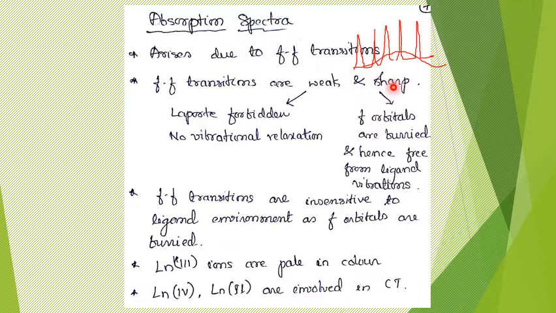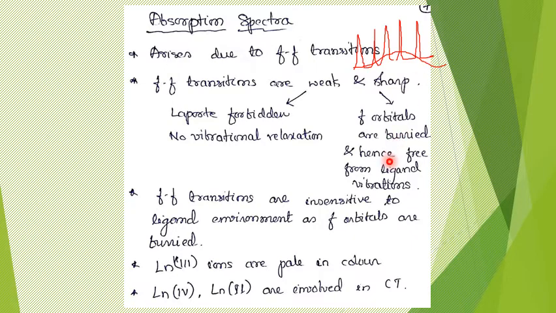Again, the reason being the same, the sharpness is due to f orbitals being buried. F orbitals being buried are little affected by ligand vibrations. And the broadness in case of d-d transitions was mainly due to the vibrations associated with ligands that used to make the transition broader. But here these ligand vibrations do not affect f orbitals.